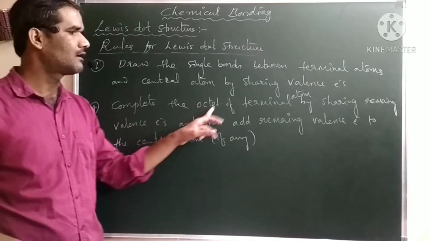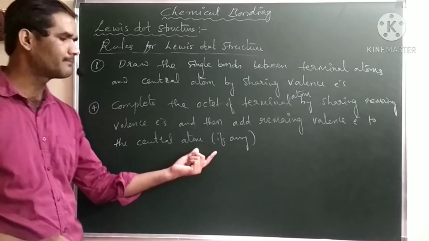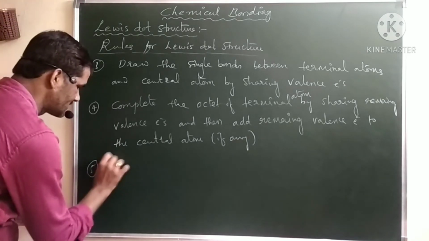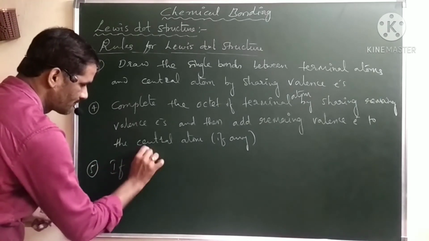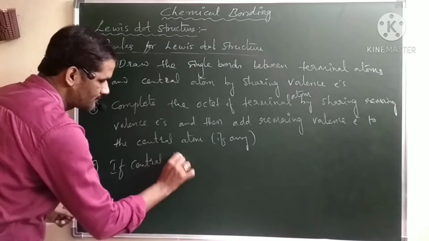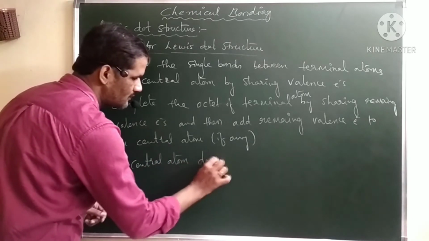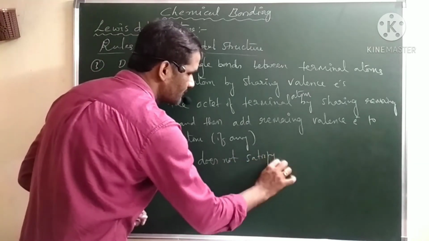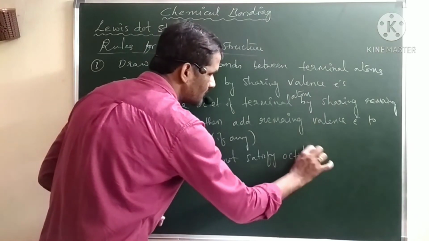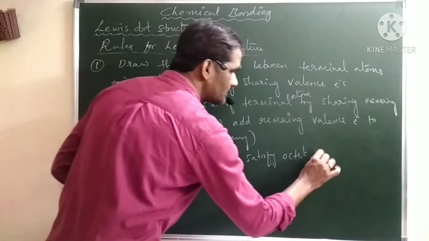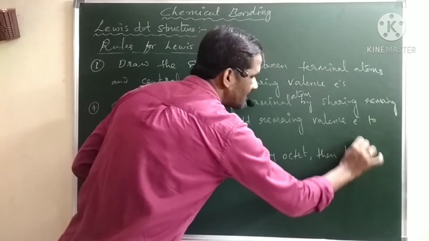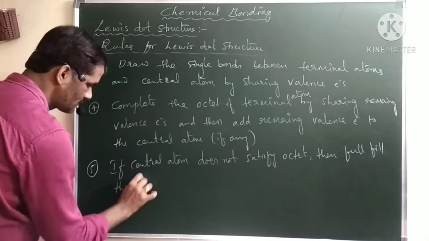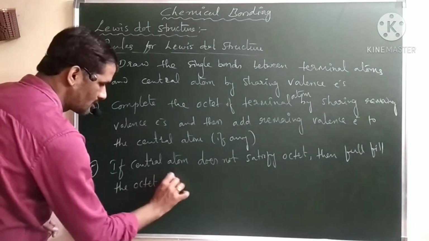So now we are completing the octet of the terminal atom. Next we have to complete the octet of the central atom. So if the central atom does not satisfy the octet, then fulfill the octet. How?